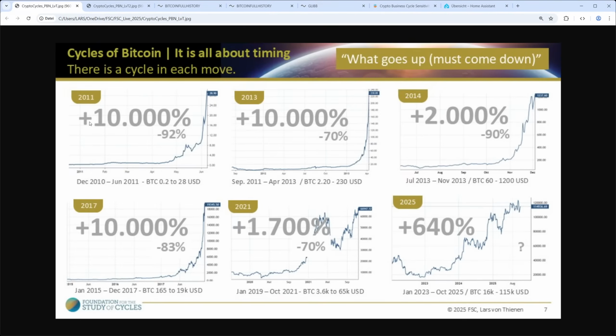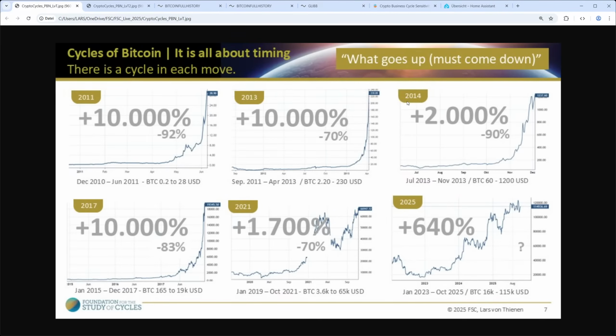What you see here is the exponential move in 2011, from Bitcoin at 20 cents going up to 28 US dollars. This was already a parabolic move. Moving forward to 2013, Bitcoin moved from 2 US dollars to 230 US dollars. This was another parabolic up move.